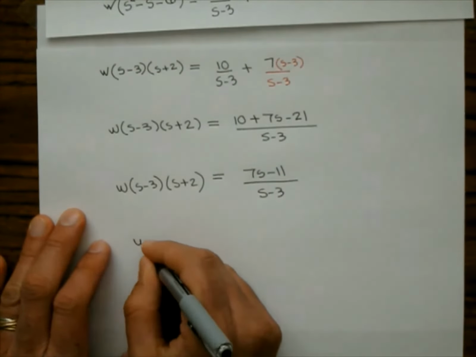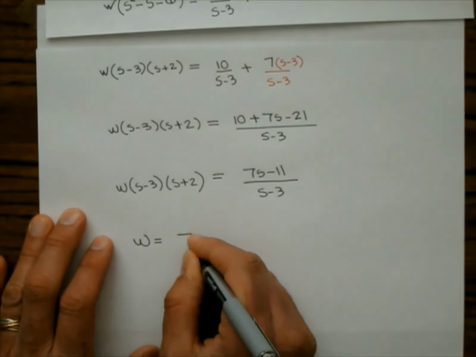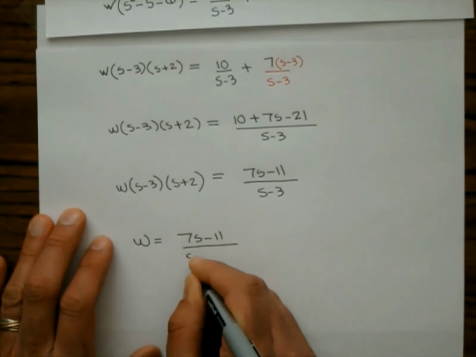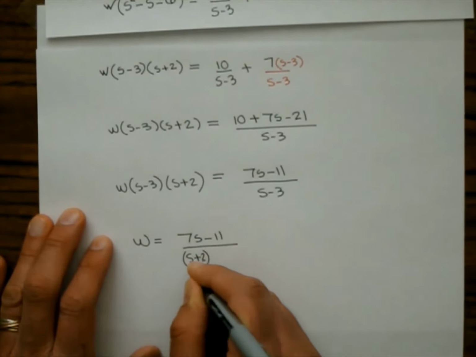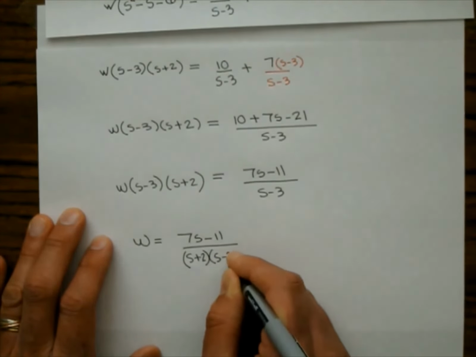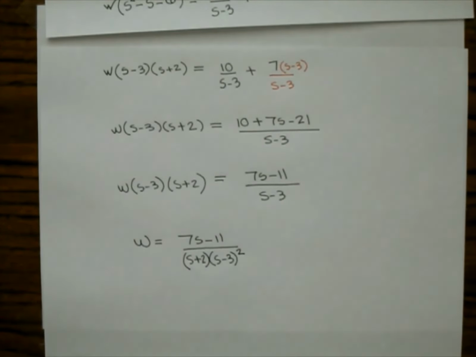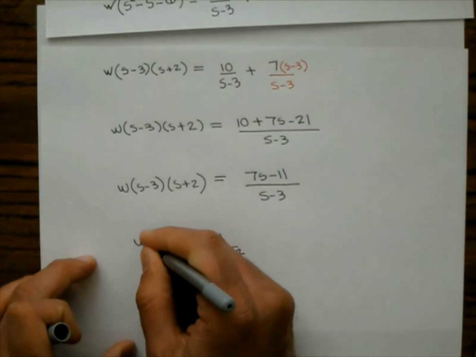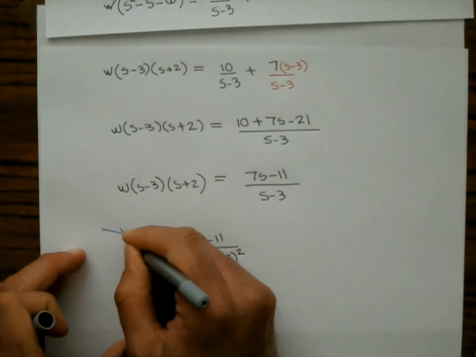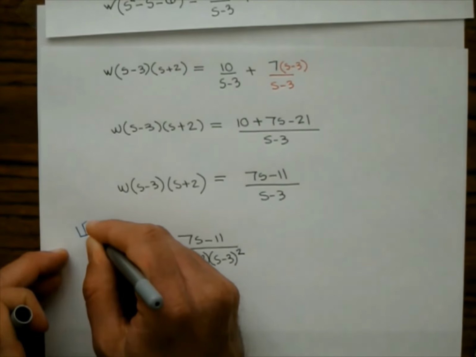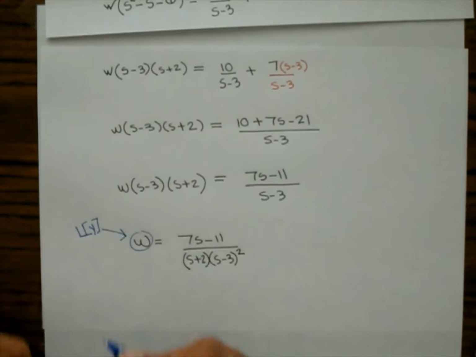So w equals 7s minus 11 all over s plus 2 times s minus 3 squared. And if we remember correctly, this w right here is really the Laplace transform of y.